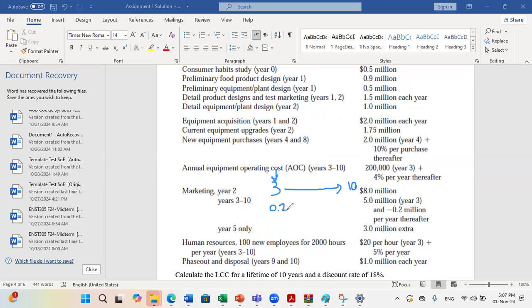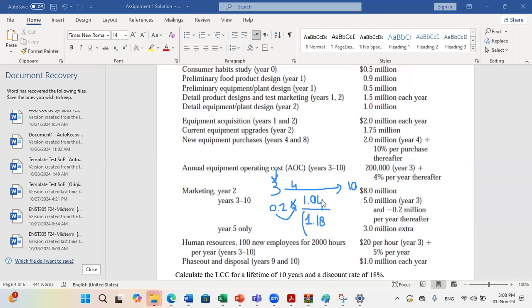Now for the remaining years after year 3, 4, 5, 6, etc., what should I do? I am multiplying by 1.04, and I am dividing by 1.18 to the power.